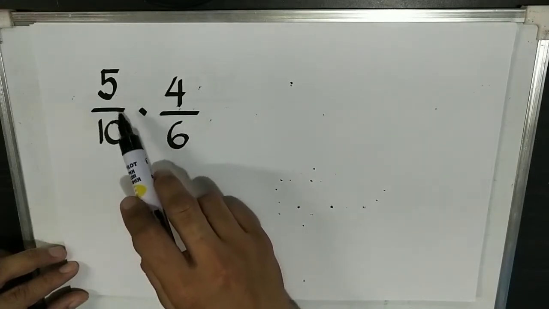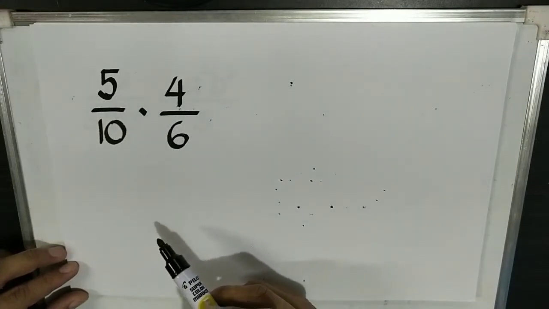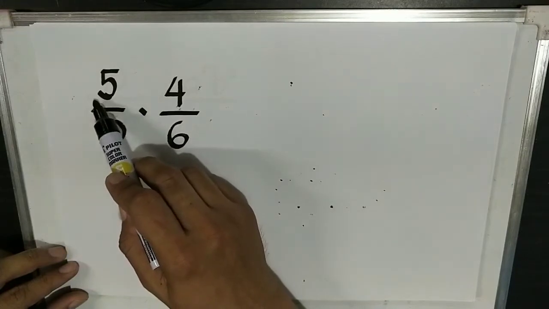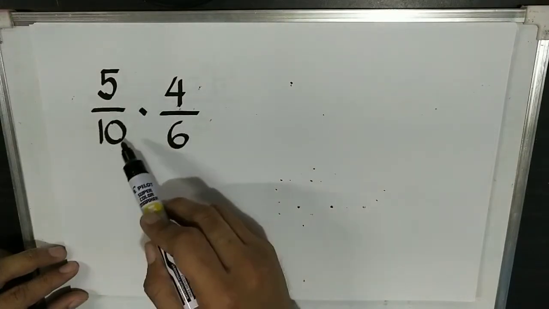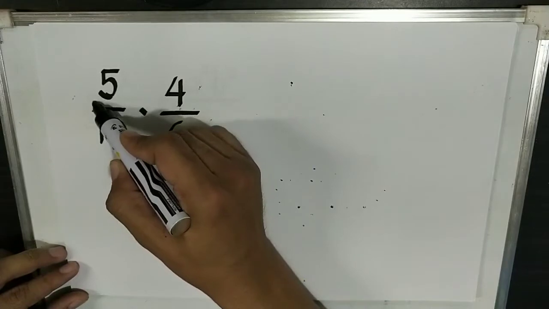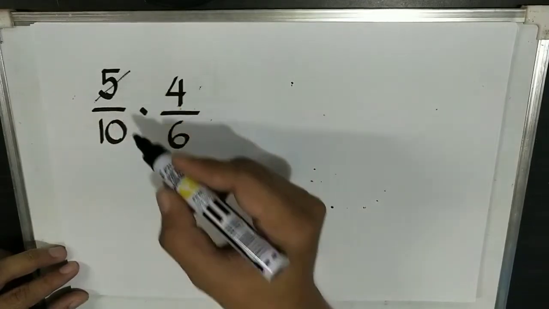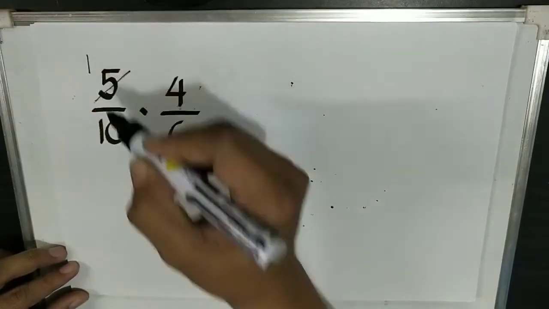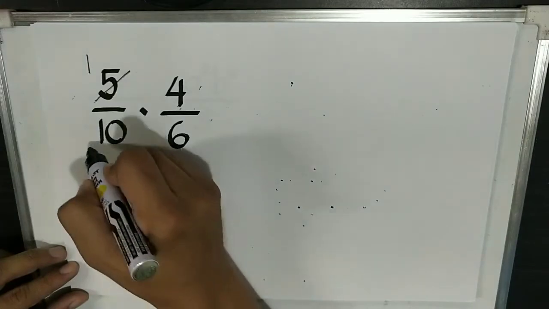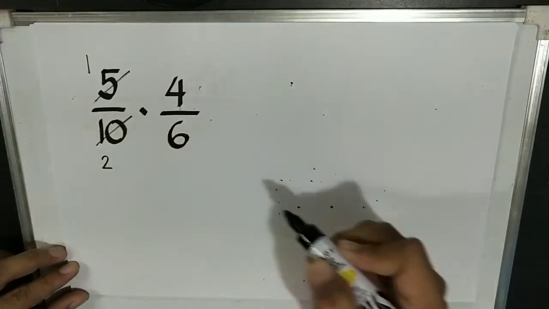The greatest common factor of 5 and 10 is 5. So we will divide this 5 and 10 by 5. 5 divided by 5 is 1. 10 divided by 5 is 2.